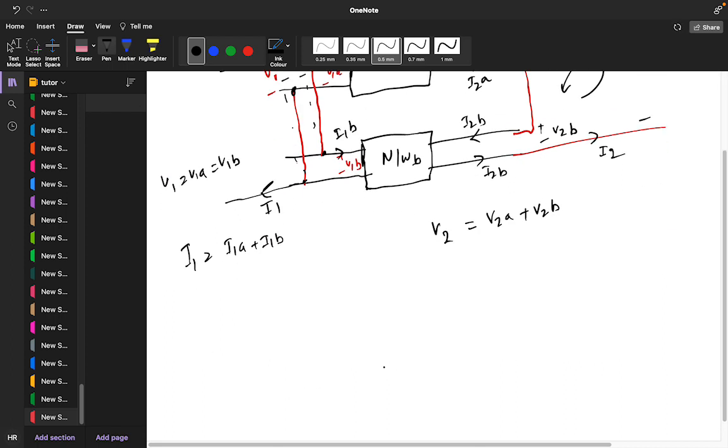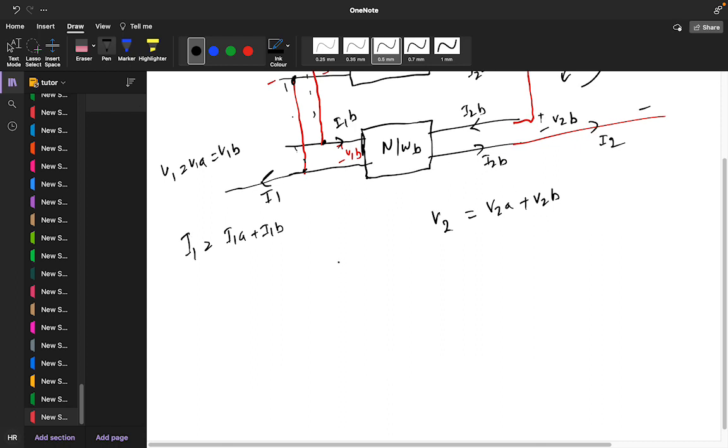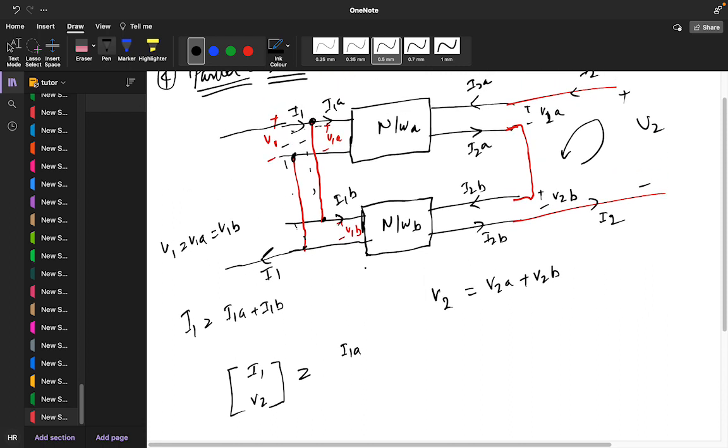So what I am telling is you are getting an equation like this. I take I1 and V2 in the form of matrices. Wait, someone came.